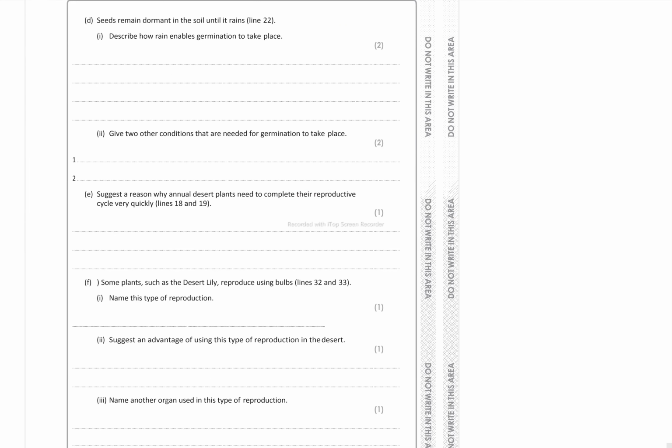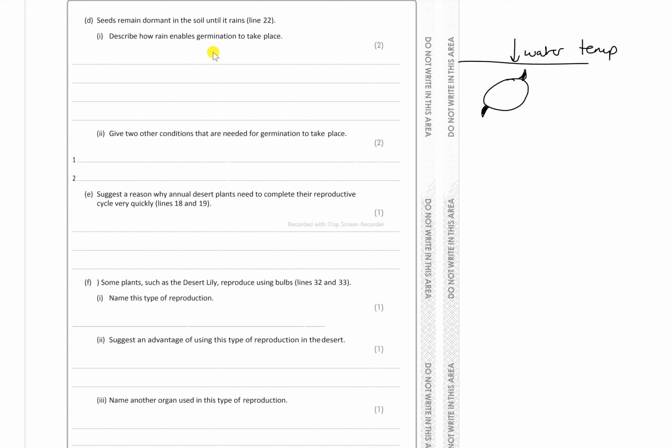Okay, so we are looking at: describe how rain enables germination. Okay, germination. So here's a seed. If you've got the right water and temperature conditions in soil, this will germinate. Germinate means the shoots start pushing out and the roots start pushing down.